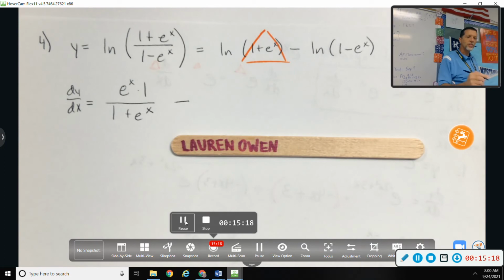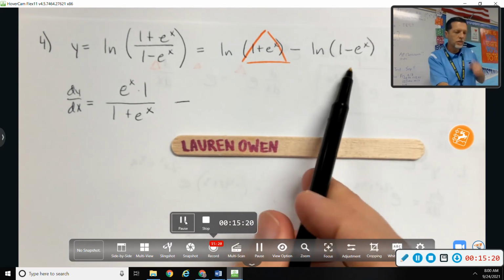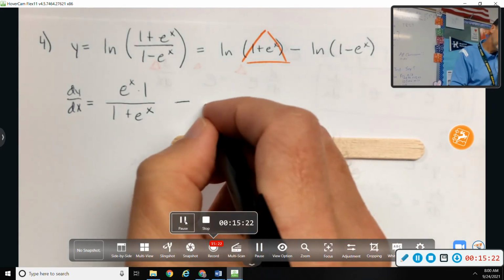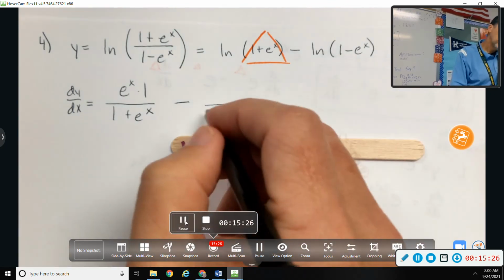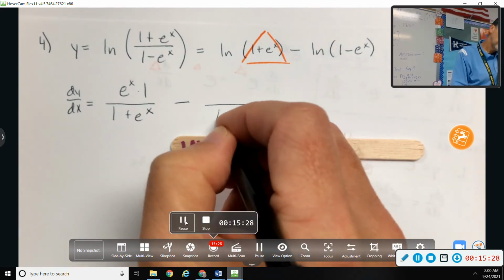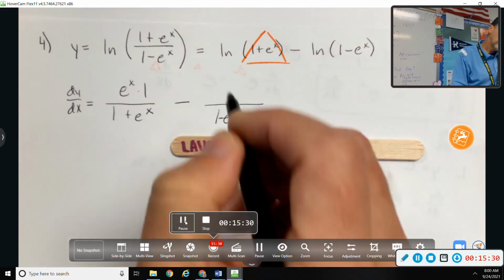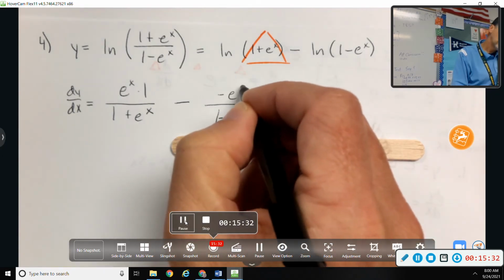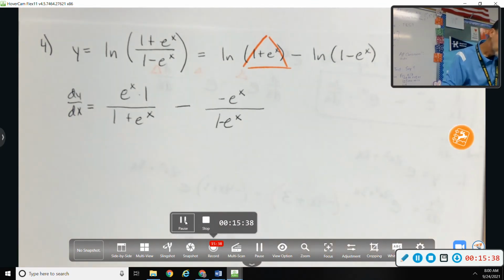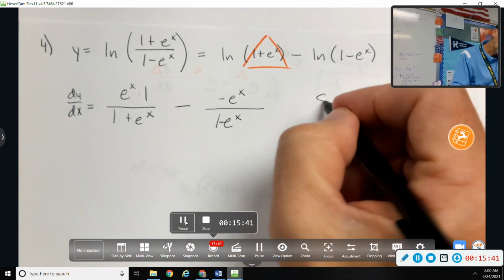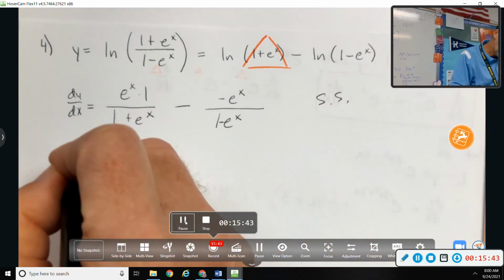Lauren, what's the derivative of natural log of 1 minus e to the x? 1 over 1 minus e to the x times 3 e to the x. Good. Perfectly acceptable safe stop.